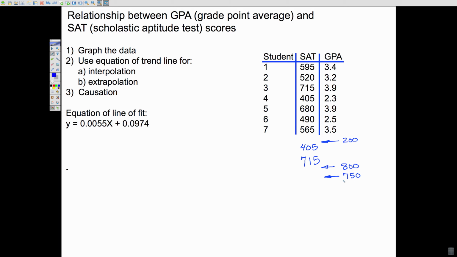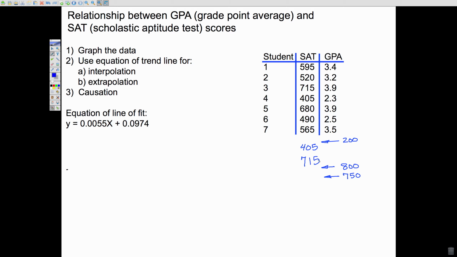What would their GPAs likely be? What does the model predict? Since we are finding values that are outside of those listed on the table, we have a different name for that. We call that extrapolation. Extra means it's additional, it's outside of the table. So if we're predicting values that are outside of the table, that's called extrapolation.